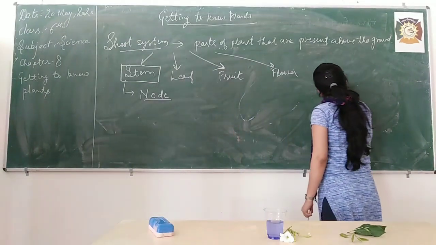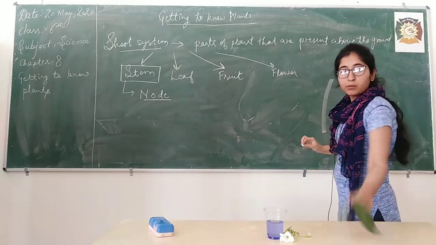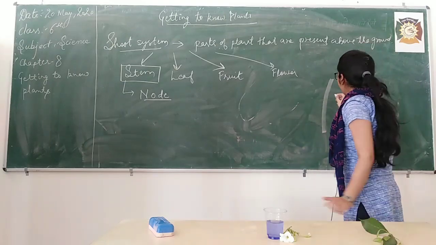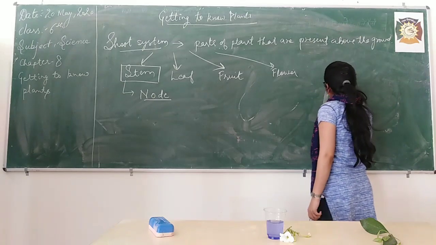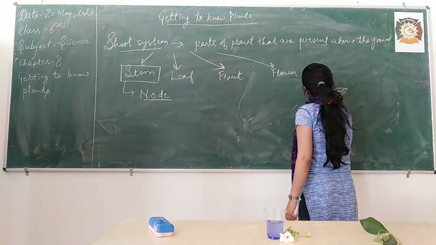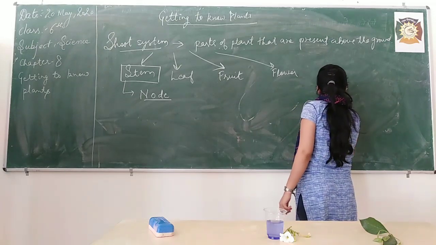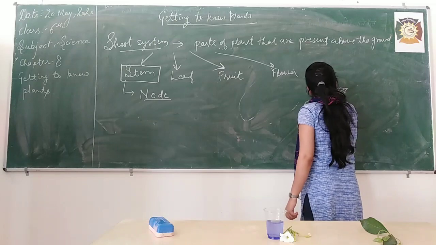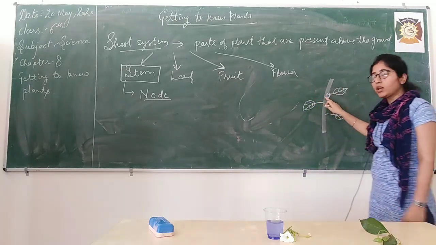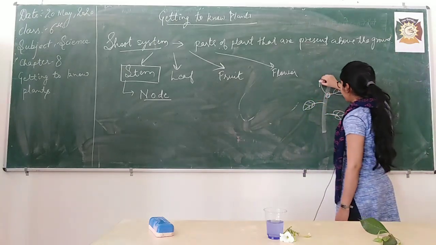You have seen a stem like this. This is a stem I have taken here, and there are various leaves on it. This is the point where the leaf is arising from the stem.